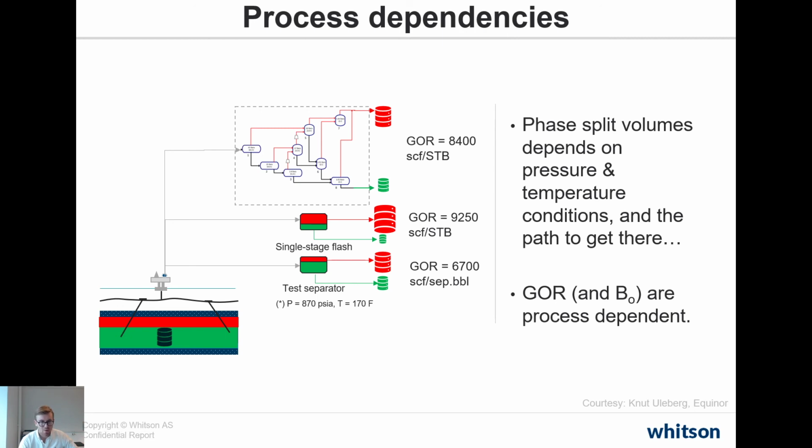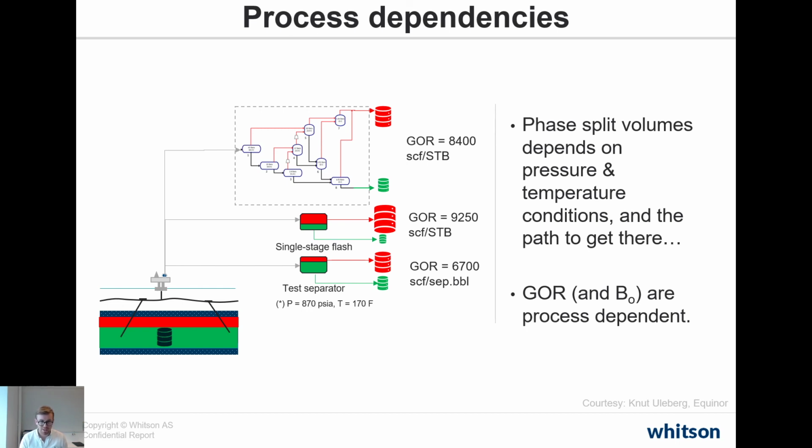So just remember, when we're talking about GORs, stock tank barrels, separator barrels and reservoir barrels, provide a context. Remember that compositions and PVT are a path-dependent exercise, and you should almost have it in your blood that when you hear a formation volume factor number, first of all, that it's associated with a process. What is that process?